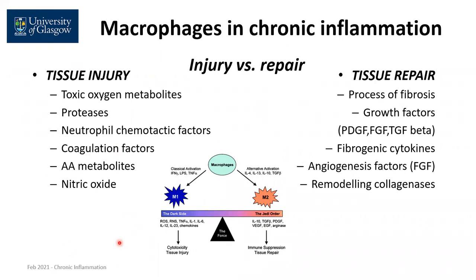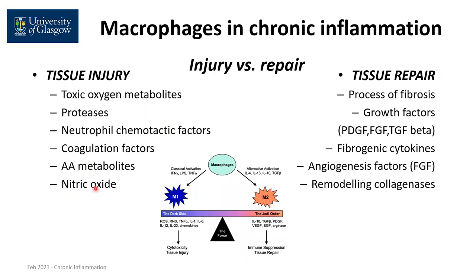So on the left-hand side, you have tissue injury. So these macrophages will produce things like proteases, certain chemokines that can drive the recruitment of neutrophils. They can drive the process of coagulation. So we talked about that in the last lecture, the coagulation system being important in the formation of blood clots.